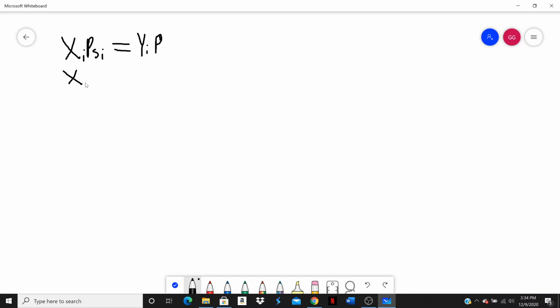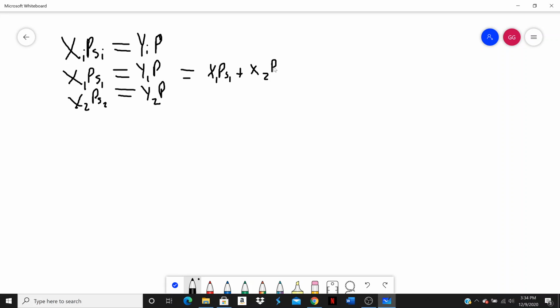So if we have x1 times the pressure of saturation of component 1 is equal to y1 p, and x2 times the pressure of saturation of component 2 is equal to y2 times pressure. And we can add these two together to get an equation that can solve for two different components at the same time.